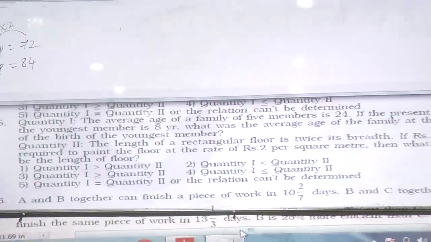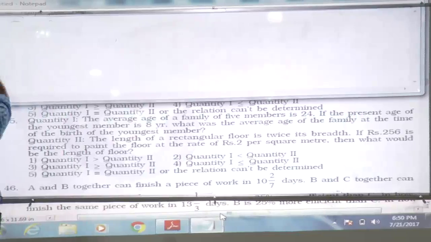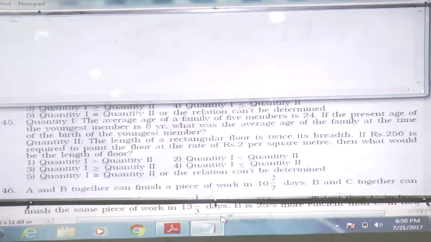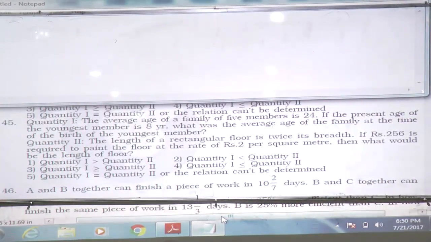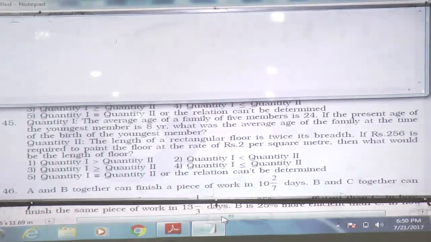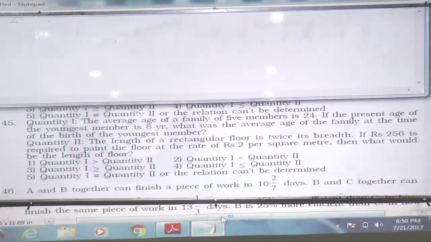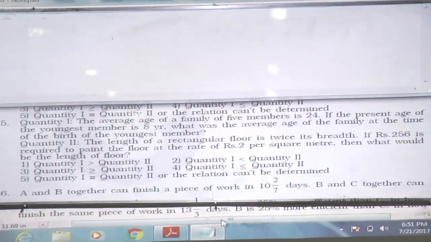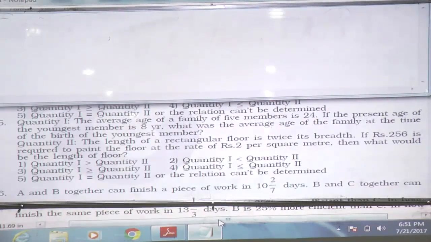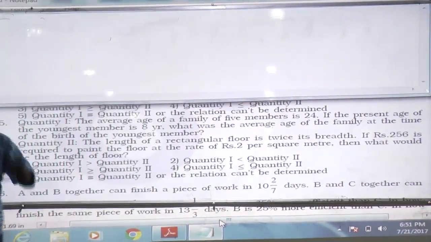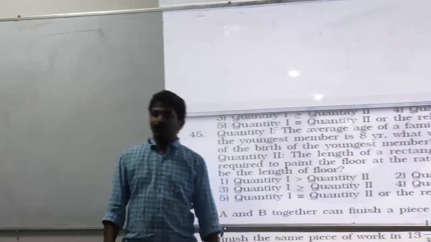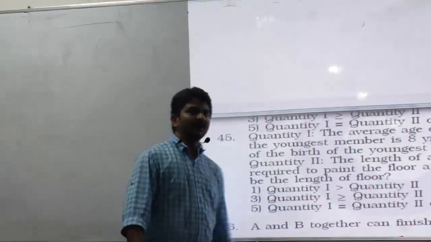Quantity 1. The average age of a family of 5 members is 24. If the present age of the youngest member is 8, what was the average age of the family at the time of the birth of the youngest member? How many members are there in the family? 5 members and their average is 24. What is sum of their age? 120.